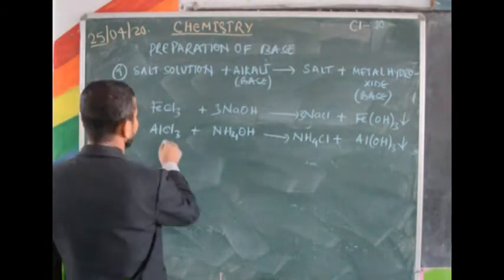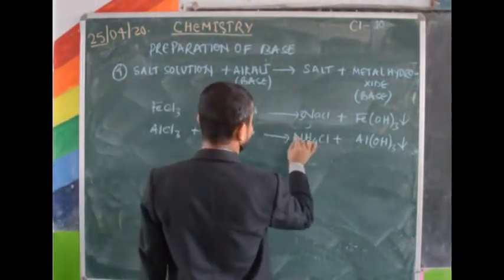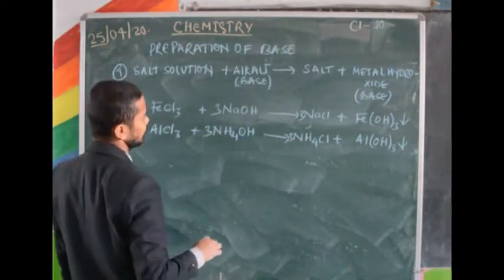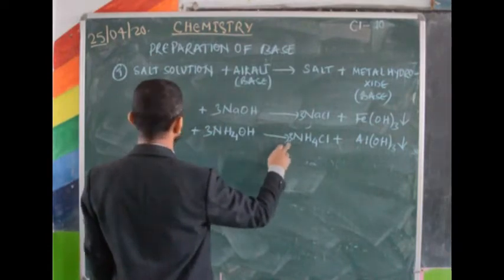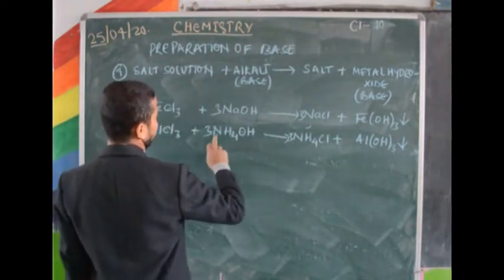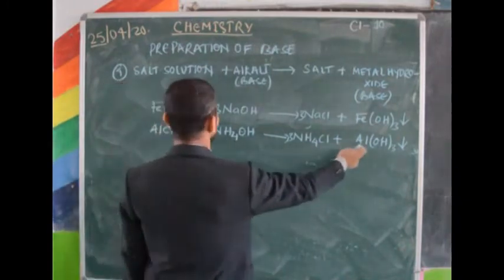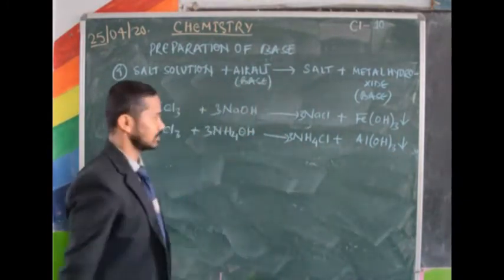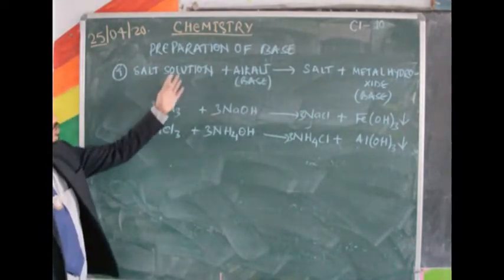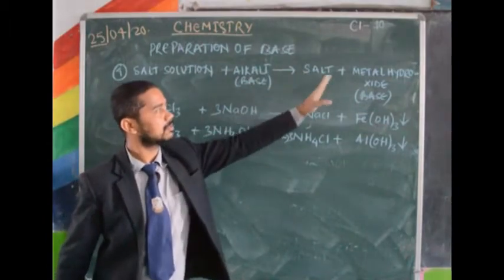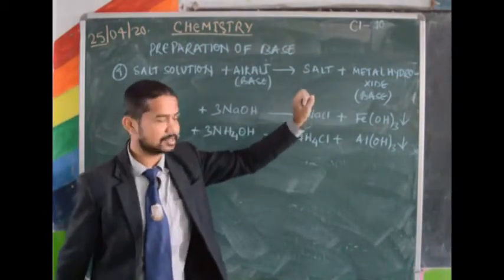So Cl3, so Cl1, so make this 3, so nitrogen 3, chlorine 3, then aluminium 1, OH3, balanced. So this way, salt solution plus alkali gives salt plus metal hydroxide, which is also a base.